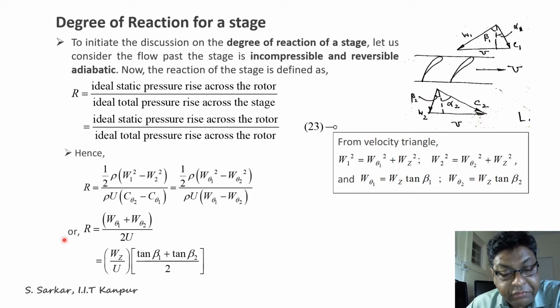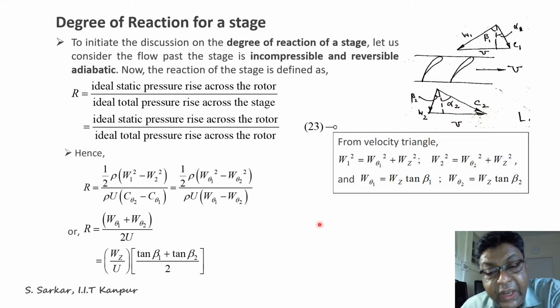Therefore, the degree of reaction becomes R is equal to (W theta 1 plus W theta 2) divided by twice U. Now again from the velocity triangle, W theta 1 is equal to Wz into tan beta 1 and W theta 2 is equal to Wz into tan beta 2, where Wz is the axial component of relative velocity, so Wz must be equal to Cz.